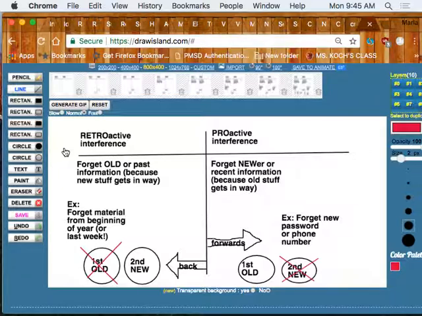When I was supposed to say como estás, I'd still say como stai. So I just had trouble learning Spanish. What kind of interference was I experiencing? If you said proactive interference, you're right, because I couldn't learn the new thing, Spanish, because the old stuff was getting in the way.